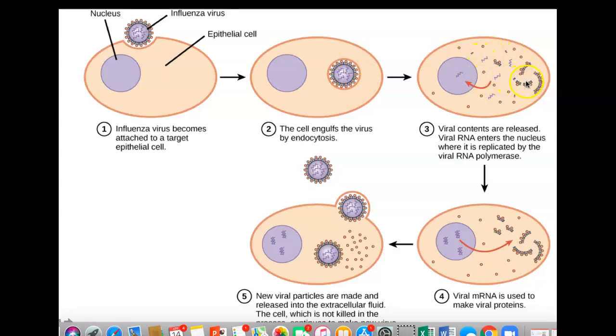And so we have proteins, RNA molecules. RNA will then enter into the nucleus, or if it's a DNA virus, it'll enter into the nucleus. This is RNA. The RNA is then used to make proteins, and voila, we have new virus that is then going to leave. So basically the virus brings its genetic material, hijacks the cell, making the cell produce more virus for it, and then it leaves to infect other cells.